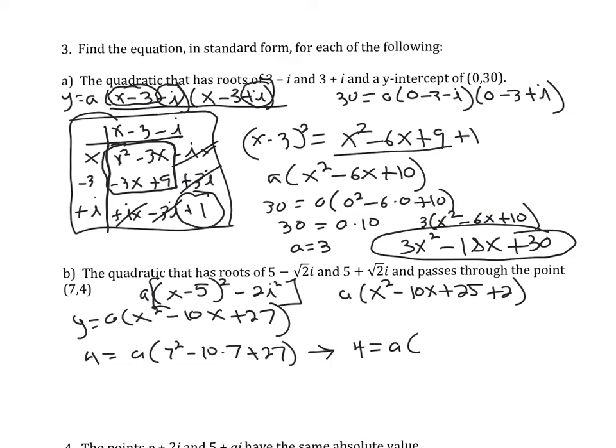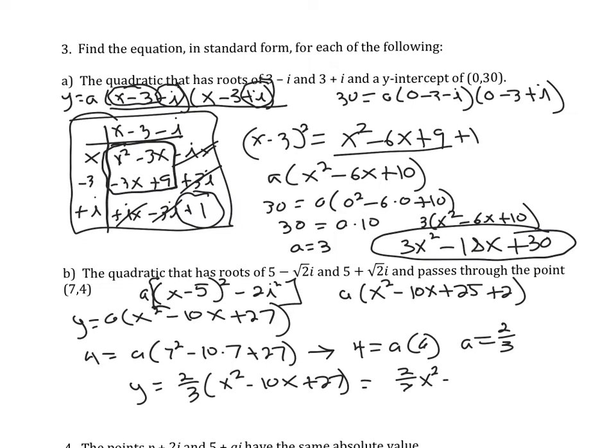and then plus 27 gives us positive 6, and so that means that we're dividing both sides by 6, so we get a is equal to 2/3, and so that gives us y is equal to 2/3 times x squared minus 10x plus 27, or multiplied out, equals 2/3 x squared minus 20 over 3 x plus 27 times 2/3, which is going to be equal to 54 over 3, or 18.